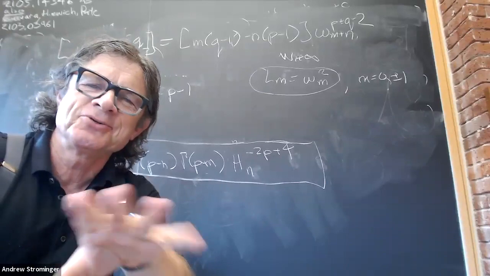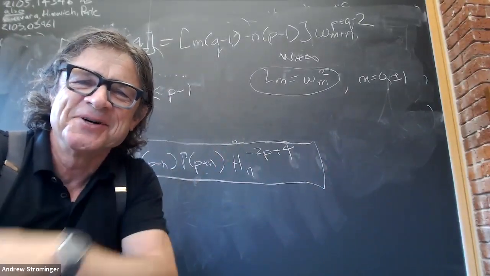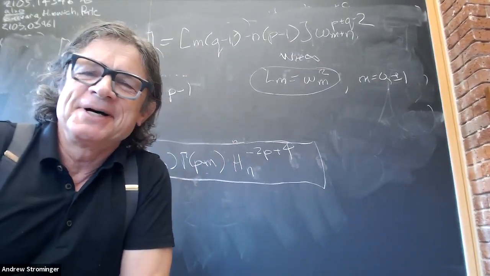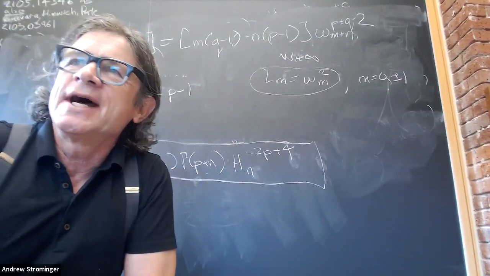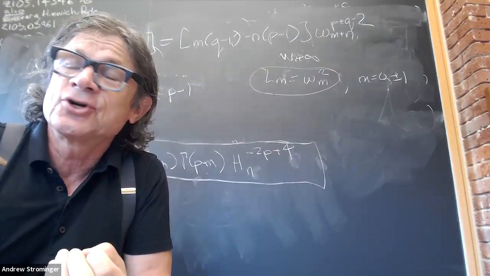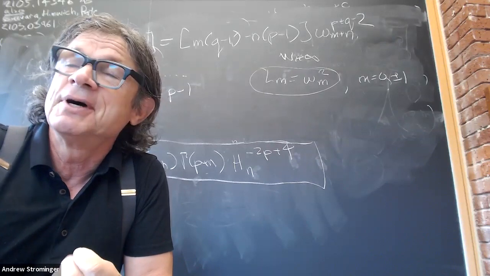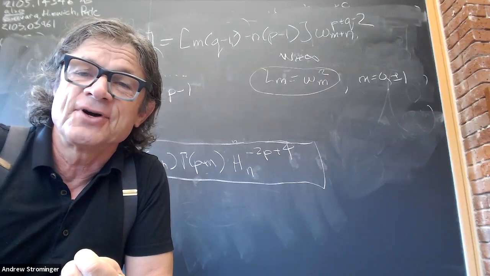Well, I don't want to use the word think. I'd rather use the word speculate. But what I would hope happens is that the corrections to the subleading soft theorem are very limited.